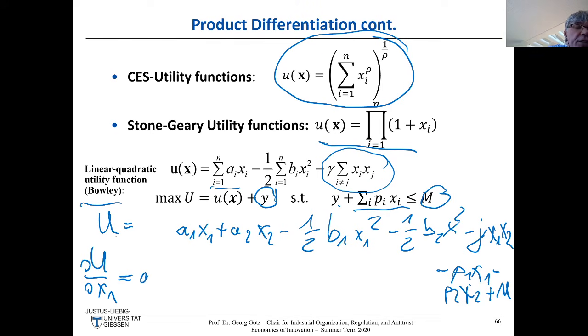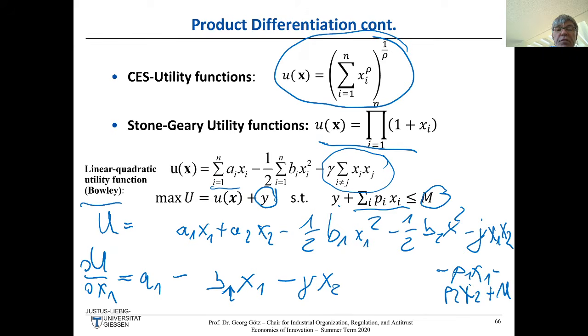If we take the derivative with respect to x1, we get a1 minus 1/2 b1 x1, and we get the 2 down, so the 1/2 cancels out. So minus b1 x1, and then the x1 with the gamma gives us minus gamma x2.